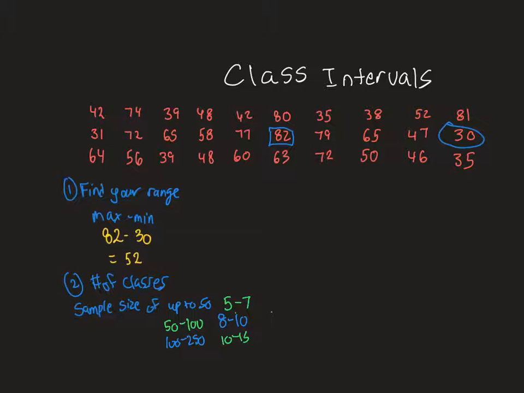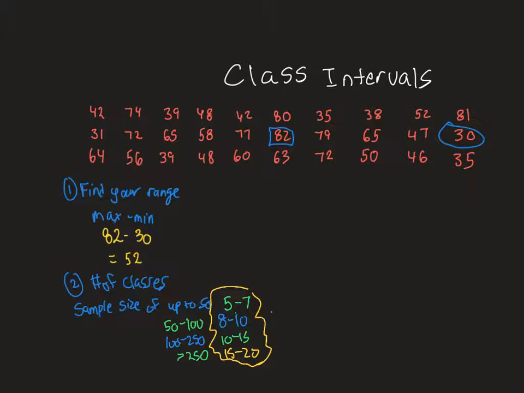And finally, if you have greater than 250, you're going to want 15 to 20. So this is just a general rule of thumb.